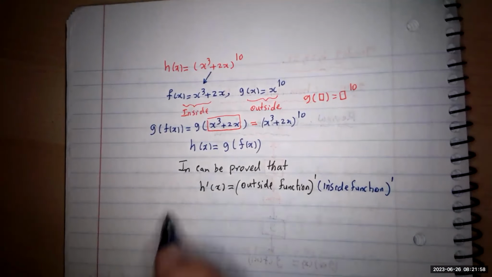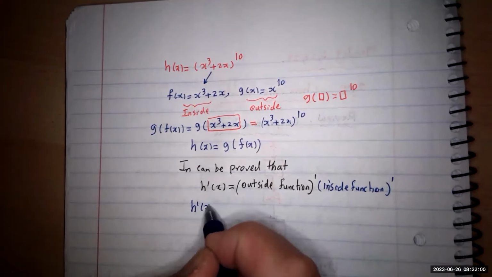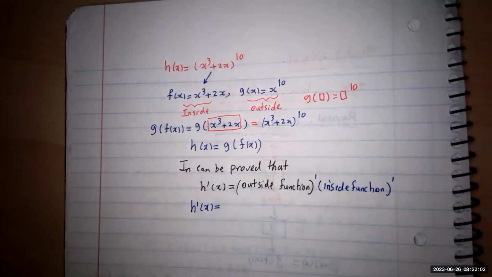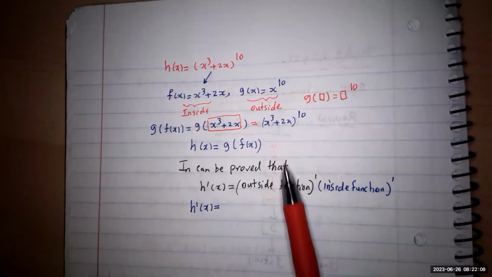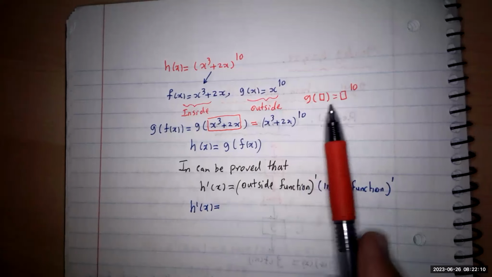What does it mean? This means h prime of x is going to be equal to the derivative of the outside function. What is your outside function? Your outside function is just a power function, box to the 10.